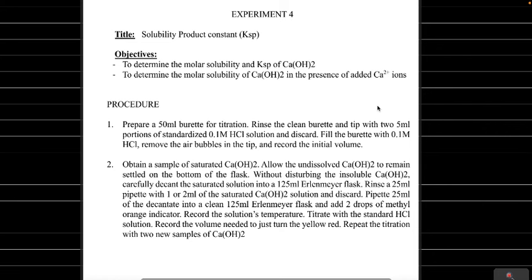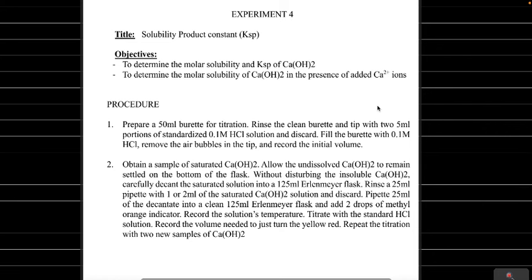Okay, so the procedure is already here. The reaction is basically a titration reaction, so you're going to set up a burette. Inside the burette, you're going to have your HCl acid. Procedure one says prepare a 50 ml burette for titration.